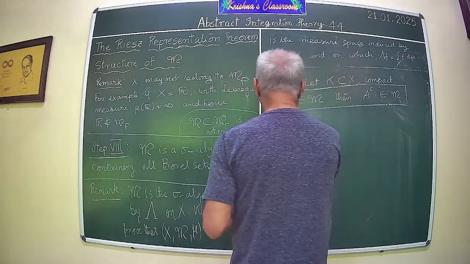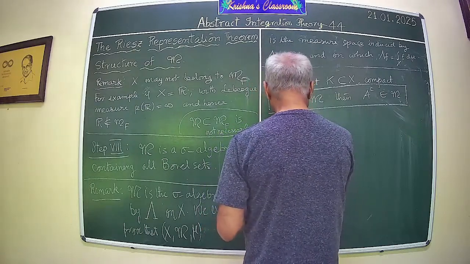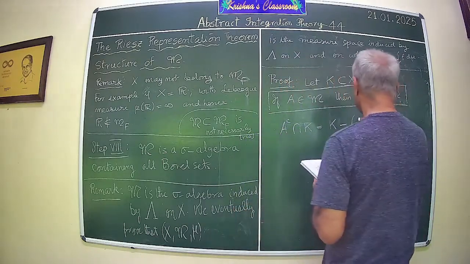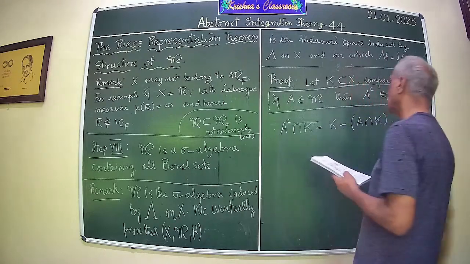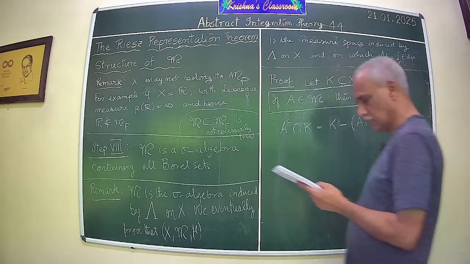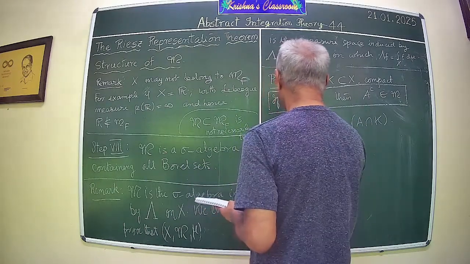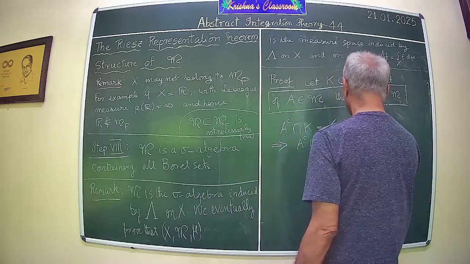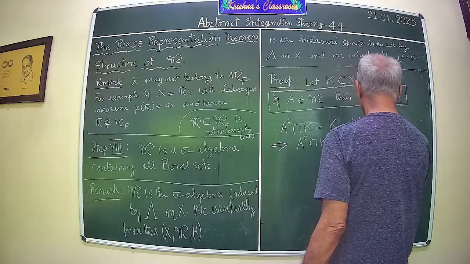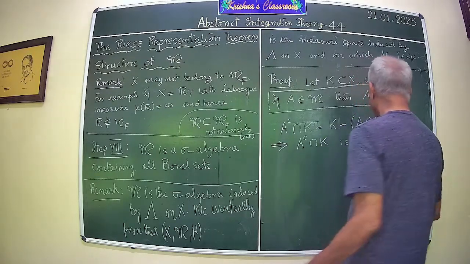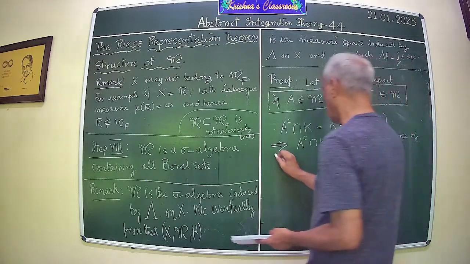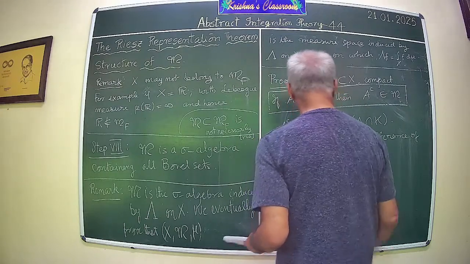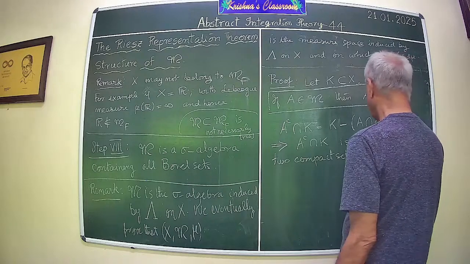Now let us write A complement intersection K, which is essentially K minus A intersection K. Okay, which implies A complement intersection K is the difference of two sets. Why?